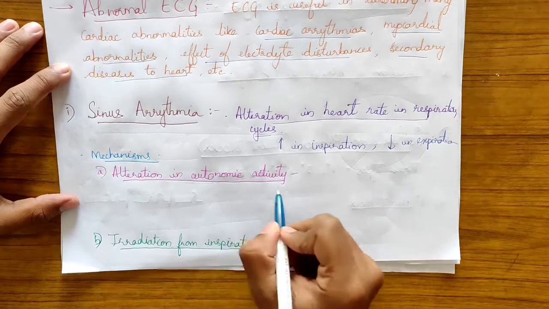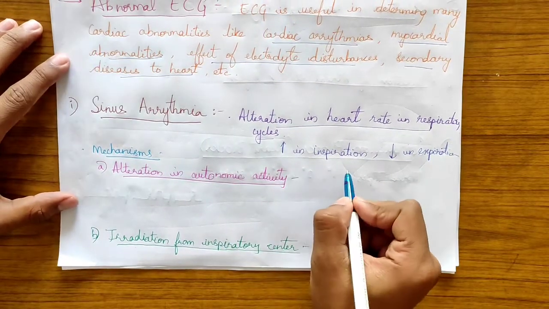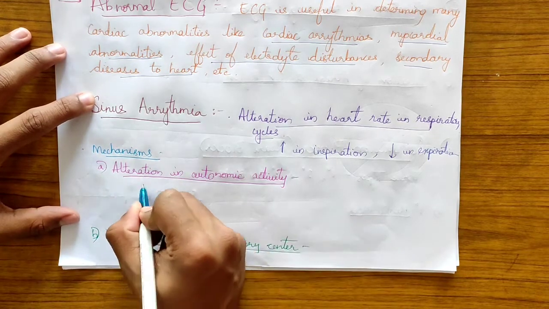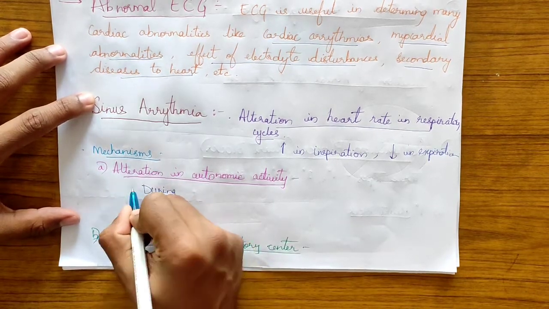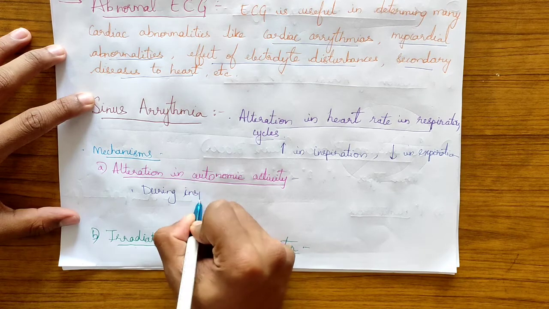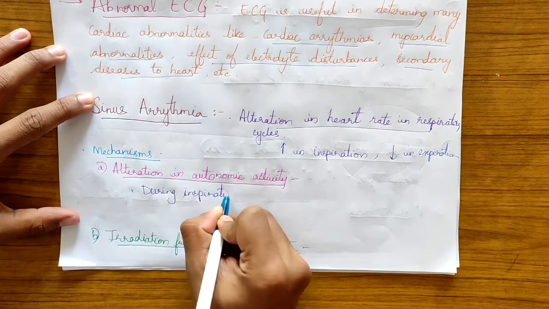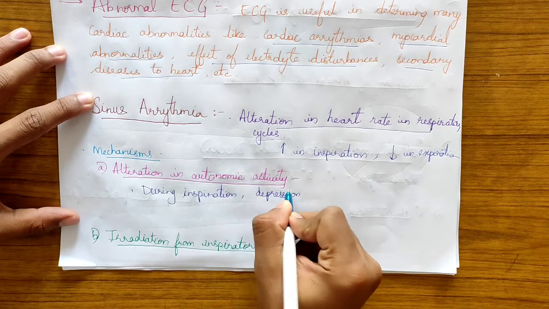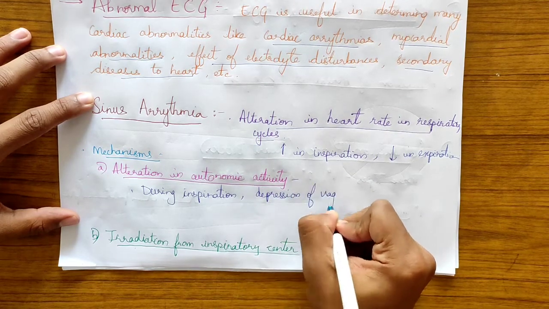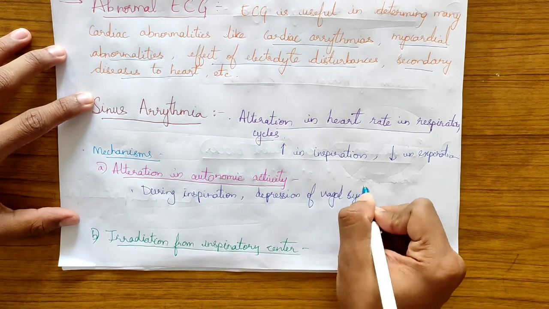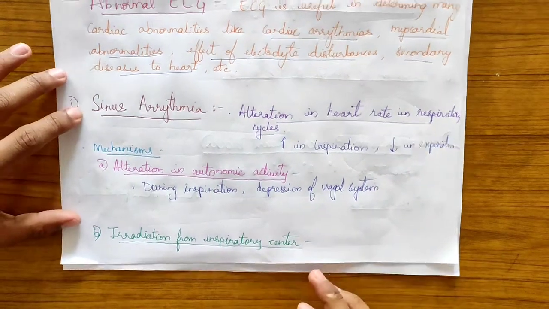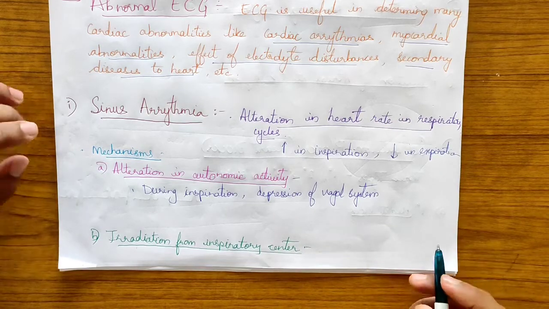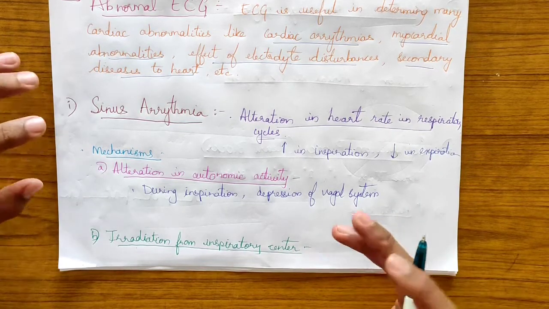In the alteration in autonomic activity, when there is inspiration, there is depression of the vagal system. Depression of the vagal system leads to an increase in the activity of the sympathetic stimulation. Due to the sympathetic stimulation, the heart rate increases.